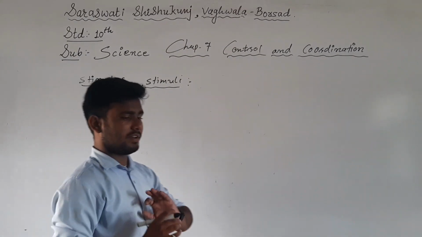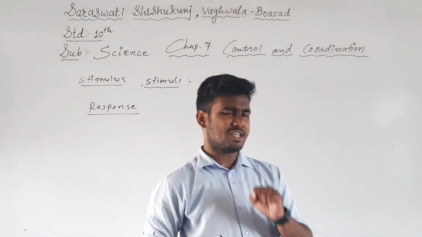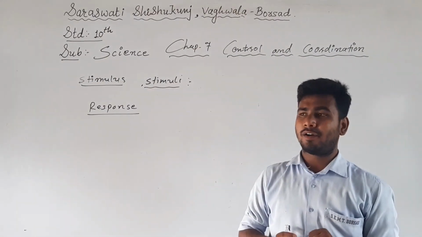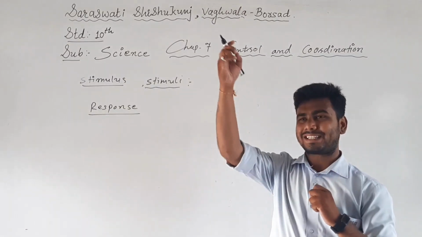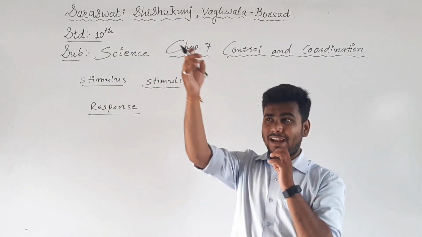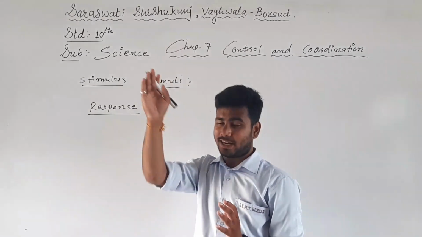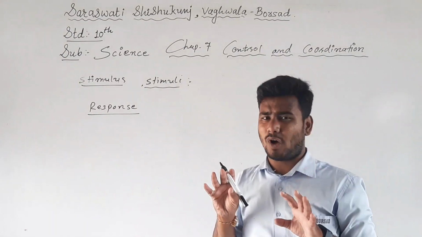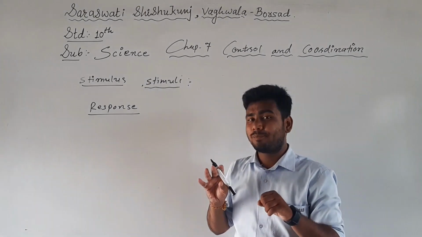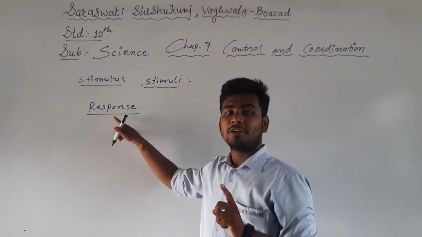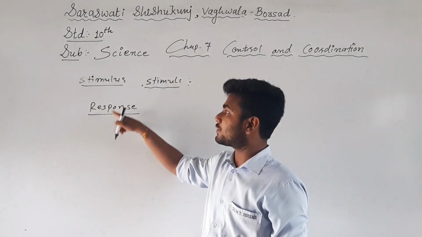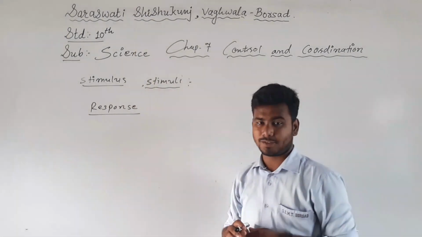What are we doing? We are giving a response. Suppose we take one example: if we suddenly look at the bright sun, our eyes become small. That is the response, and the stimulus was the bright light.